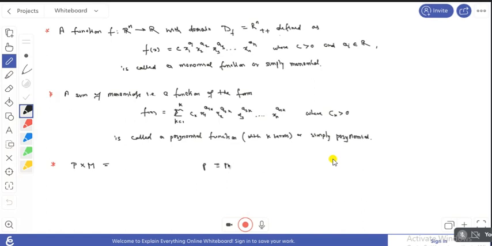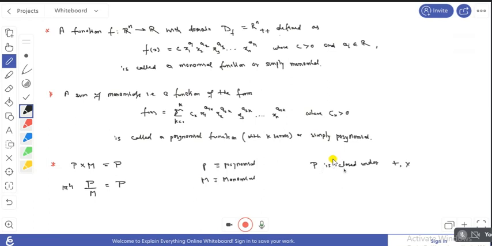If P stands for polynomials and M stands for monomials, the product of a polynomial function and a monomial function is a polynomial.